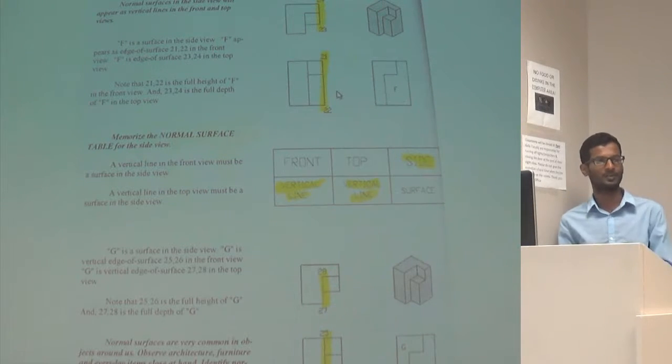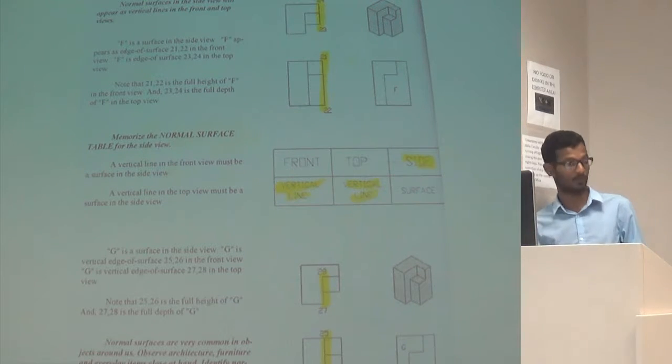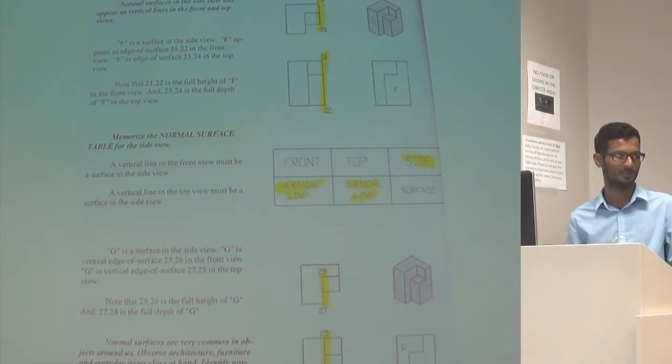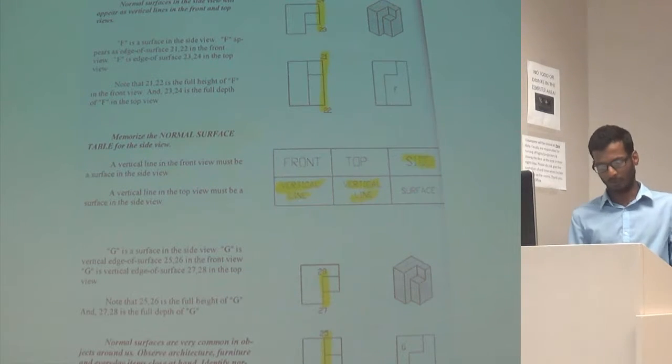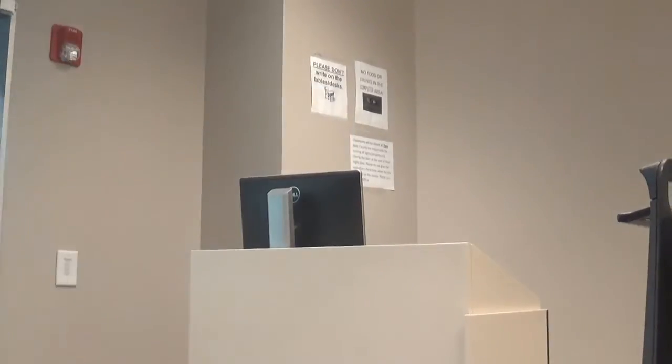So if there is a surface in the right side view or the side view, then the same surface would be represented as a vertical edge or a vertical line in the other two views. That would be the third case where you would see normal surfaces in the side views.